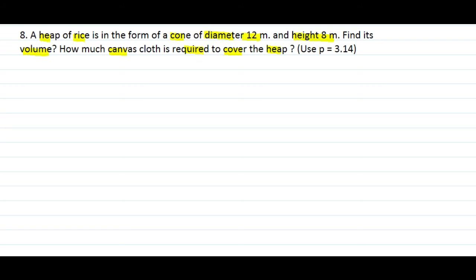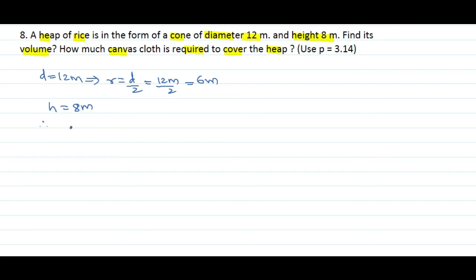So first we are going to find the volume of the cone. Given diameter is equal to 12 meters, so radius will become diameter by 2, which is equal to 6 meters, and given height is equal to 8 meters.